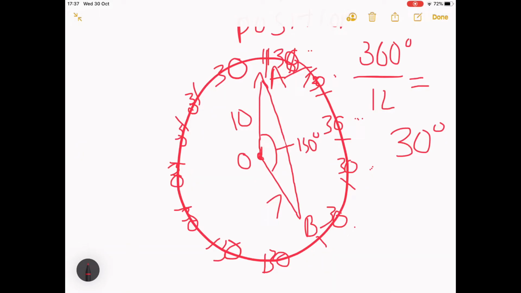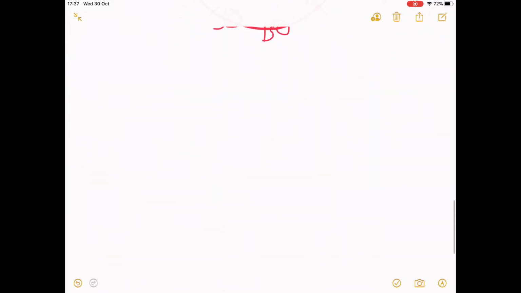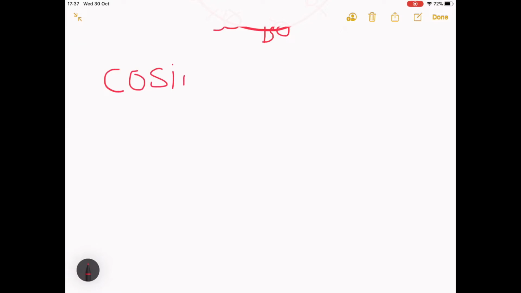So now, to find AB, we can use the cosine rule. So this is a set rule which involves finding the length that is opposite to the angle of that triangle. And it doesn't have to be with right angles, as we know with sine, cos, tan, and the Pythagoras theorem.